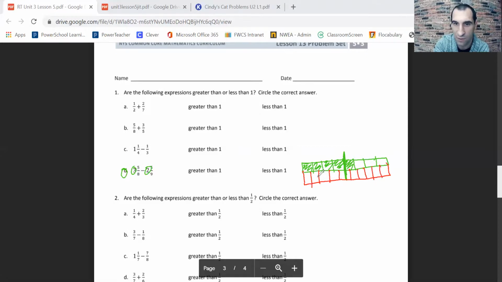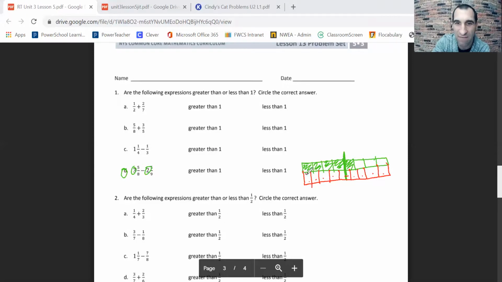So now I have 1, 2, 3, 4, 5, 6, 7, 8, 9. Oh, I messed up. So we're going to need 1 less part here. Let me back up. There we go. All right, so I have 1, 2, 3, 4, 5, 6, 7, 8, 9 equal parts now.